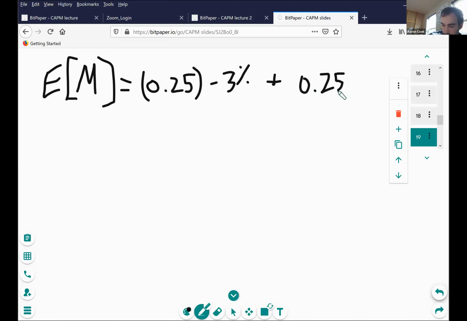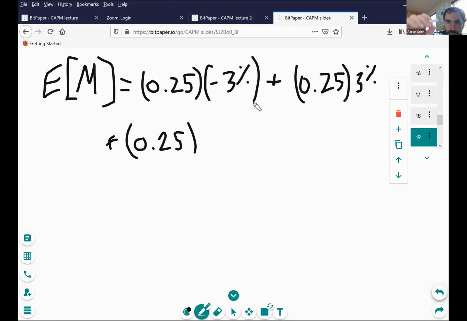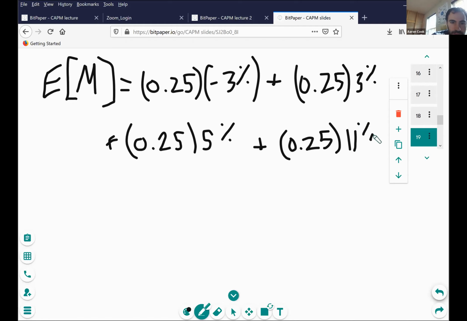This is just the definition of the expected value: taking each of the probabilities of these contingencies and multiplying the values under the contingencies by the corresponding probabilities. We do that, and this tells you that the expected return on the market is 4%.